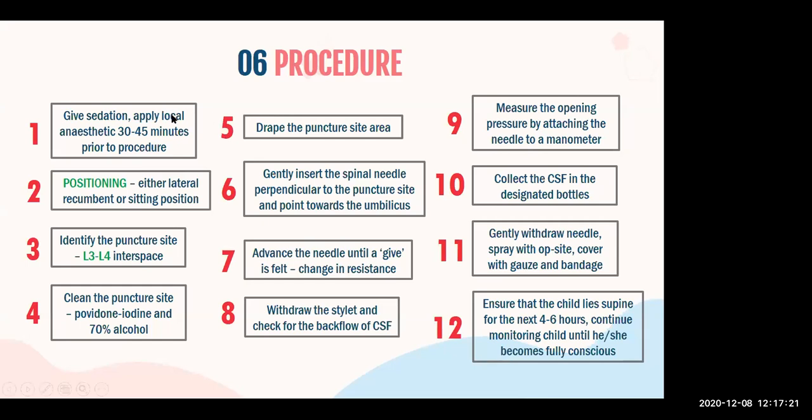And also we need to apply the local anesthetic, mostly 30 or 45 minutes prior to the procedure, so that the patient will feel numbness at the site. And then the positioning, either lateral recumbent or lateral decubitus position, and it can also be done in sitting position. This positioning is the same in pediatric patients and in adults.